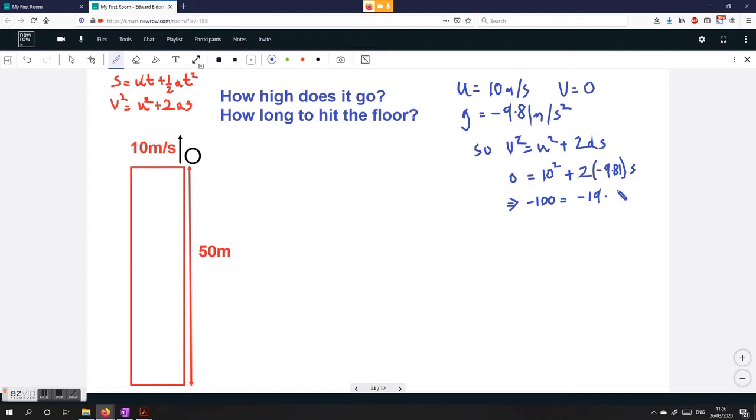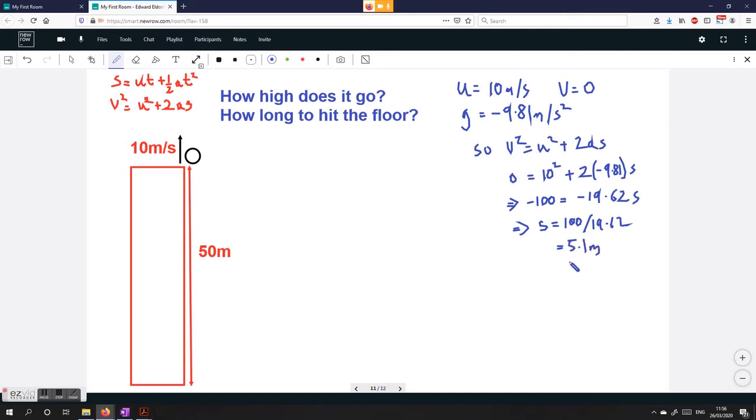Minus 19.6, 2 times s. Rearrange. Well, not really rearrange very much. The minus signs cancel out. So this means that it's going to go the total height of 100 over 19.62, which is around about 5 meters.